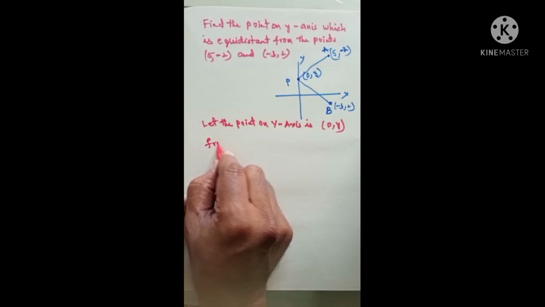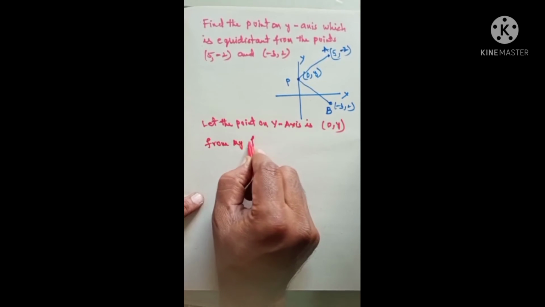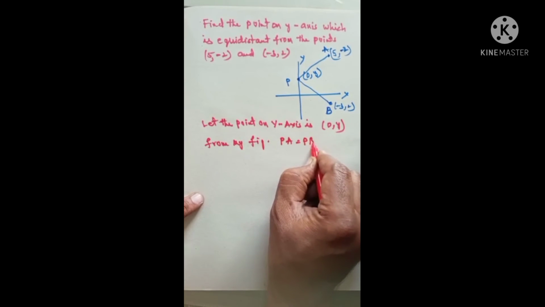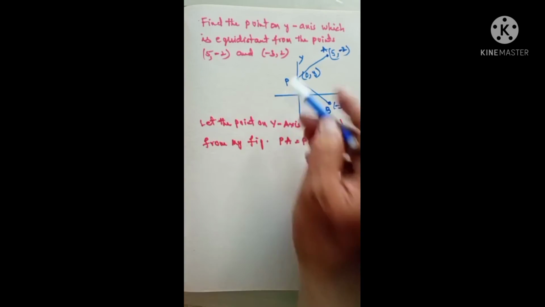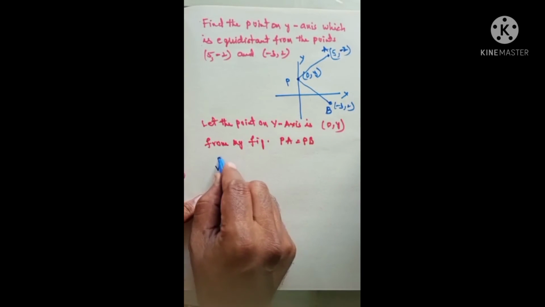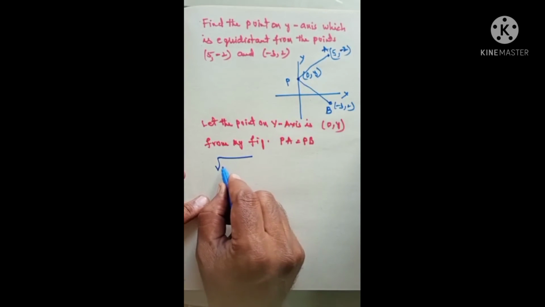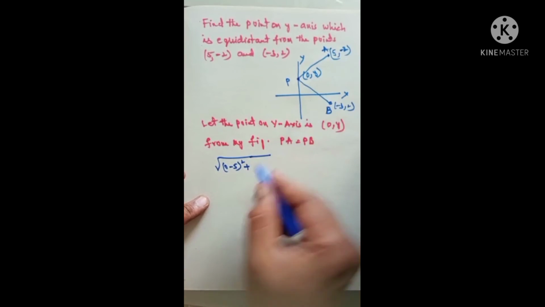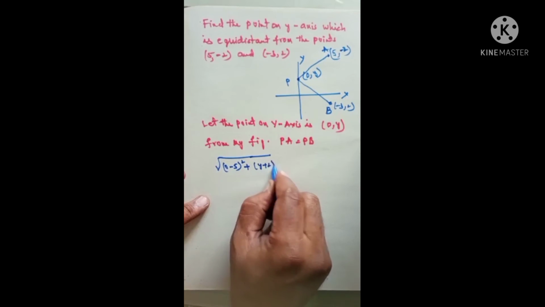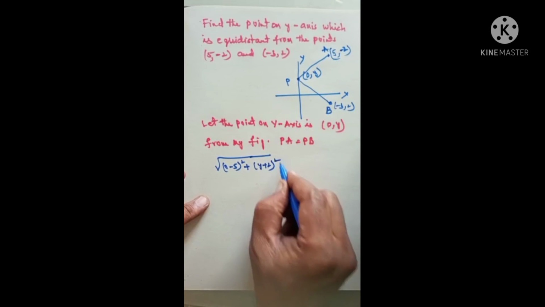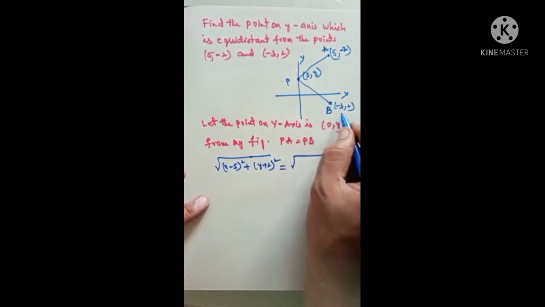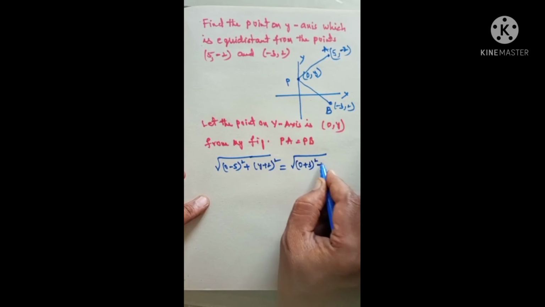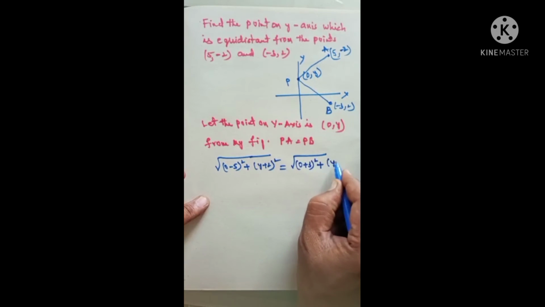From my figure, PA is equal to PB. Now you apply the distance formula: square root of (0 minus 5) whole square plus (y minus of minus 2, that means y plus 2) whole square, is equal to, again, (0 minus of minus 3, that means 0 plus 3) whole square plus (y minus 2) whole square.